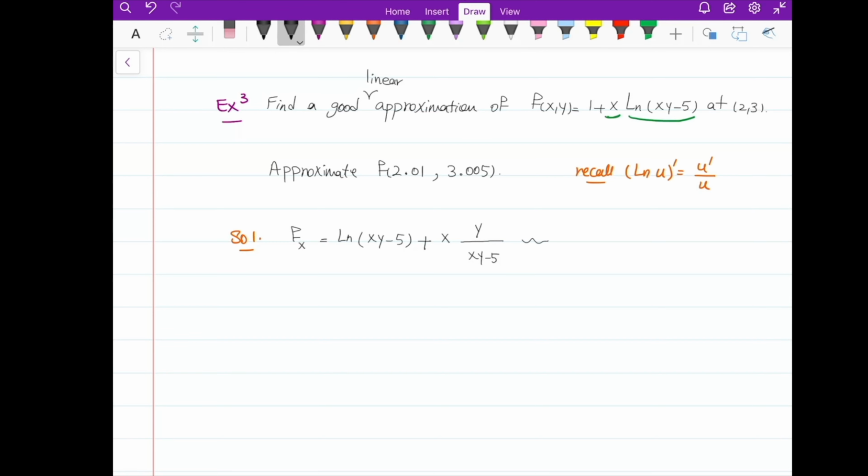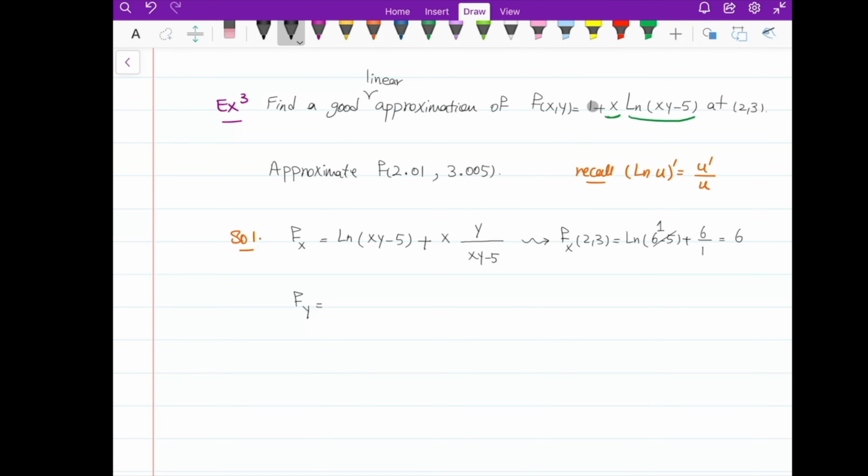Now I'm gonna plug the point (2, 3) into the partial derivative. I get ln of (6 minus 5) plus 2 times 3, 6 over (6 minus 5), which is just 1. So ln of 1 is 0, and I get 6 as fx. Now let's calculate fy.